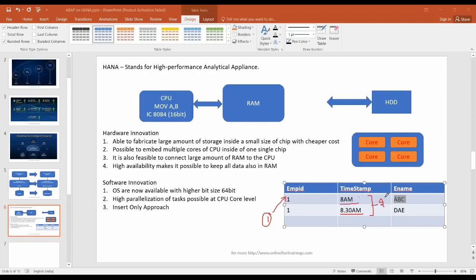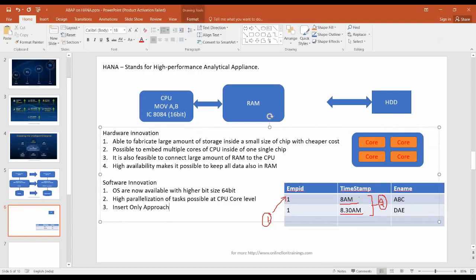You don't have to write or maintain a separate change record table, or change document table, and insert the data in a separate table altogether. So this also gives you an advantage of saving a lot of unnecessary operations and unnecessary tables, which you used to store in the past for legal purposes. Your same table is capable of storing the data of both the changes and the actual transaction data.